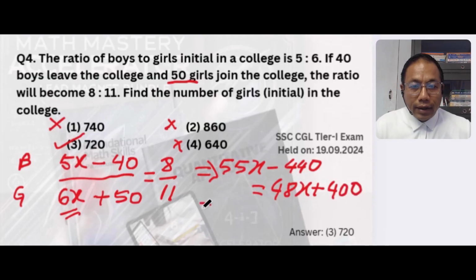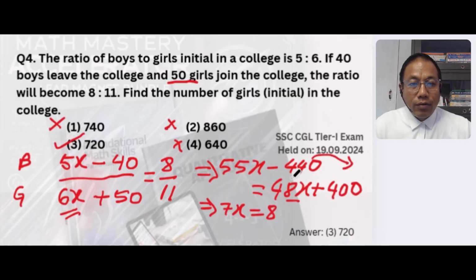Now let's find x. Transfer this to the left, it will become minus. 55 minus 48 is 7x. That is equal to, transfer this to the right, it will become plus. 400 plus 440 is 840. 7 into 1 is 7, 7 into 2 is 14, 0. Your x is 120.